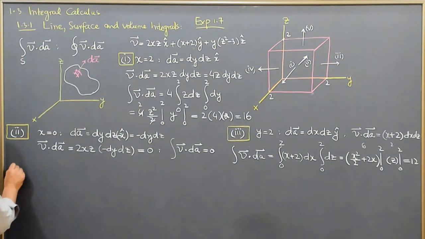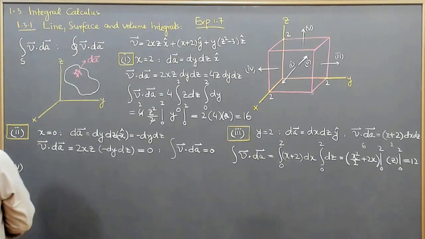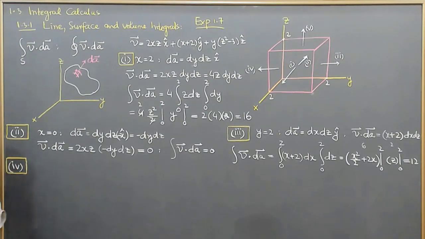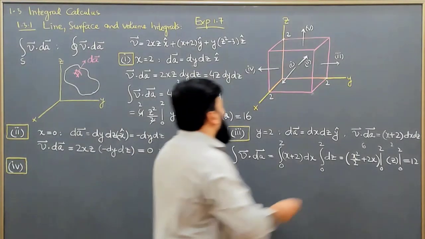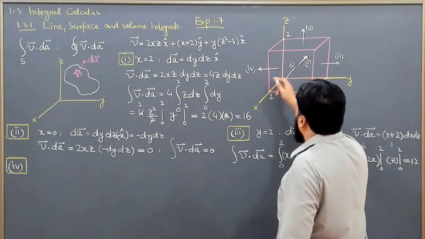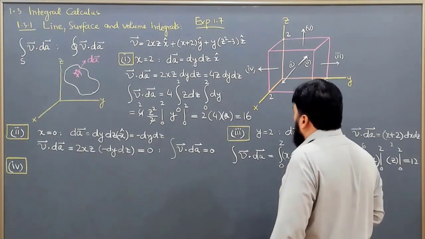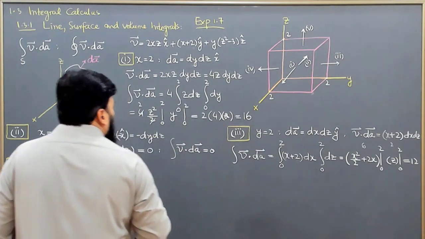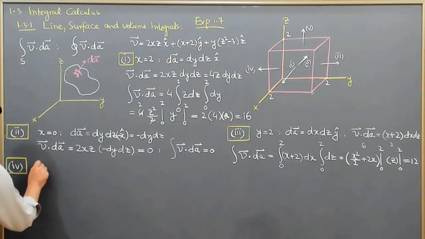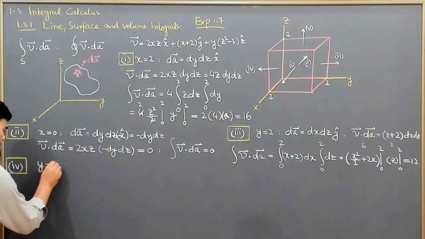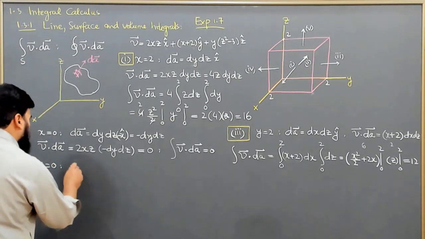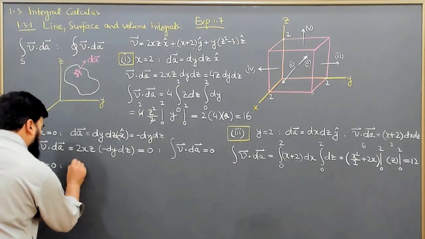Similarly, let me calculate phase 4 here. Now what about phase 4? Phase 4 is the same y, but it is in the minus y direction. So y is 0 here because it is on the origin, and dA will be the same but with a minus sign.